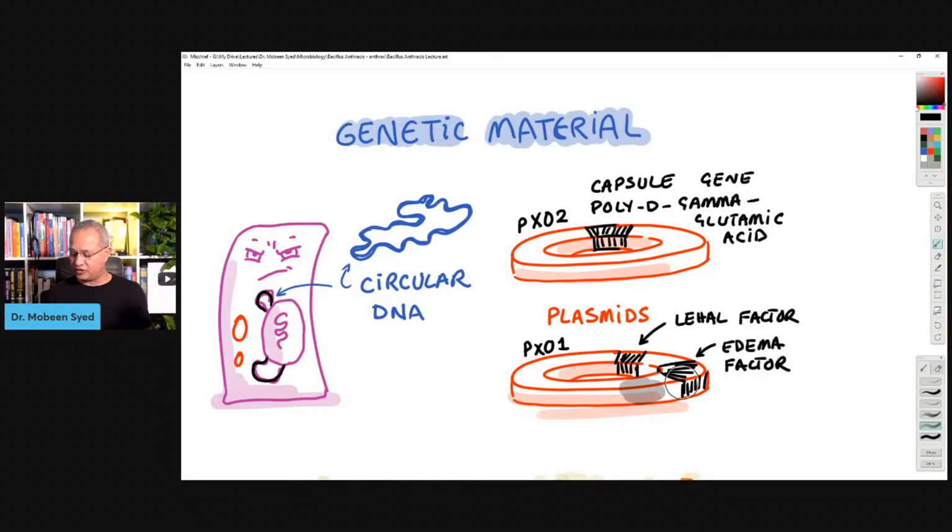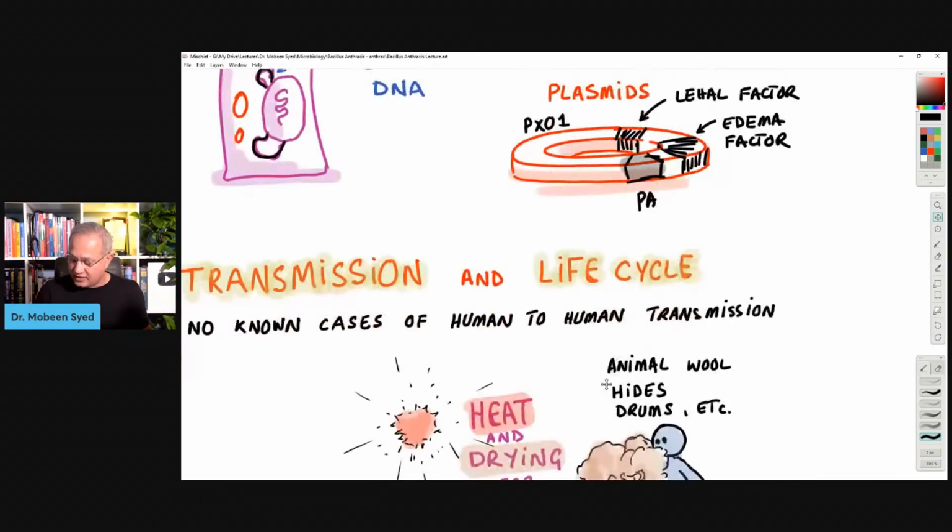So there's a third gene over here which I missed to write, the protective antigen. Let me just write PA for protective antigen. So how many virulence factors do we have now? PXO2 has the proteinaceous material that is made for the capsule, and PXO1 has the lethal factor, edema factor, and protective antigen. We'll talk about the protective antigen in a second as well.